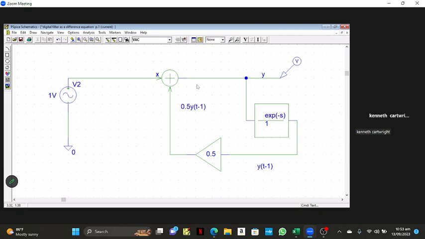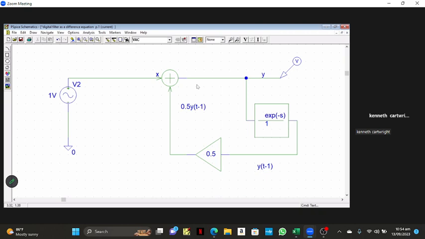And what's the thing with the 0.5? What do we call that? In 410, what do we call that? What do we call this triangle with the 0.5 in it? Yes, we call it a gain.